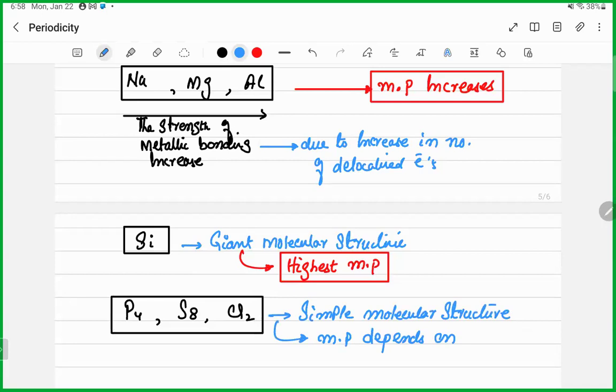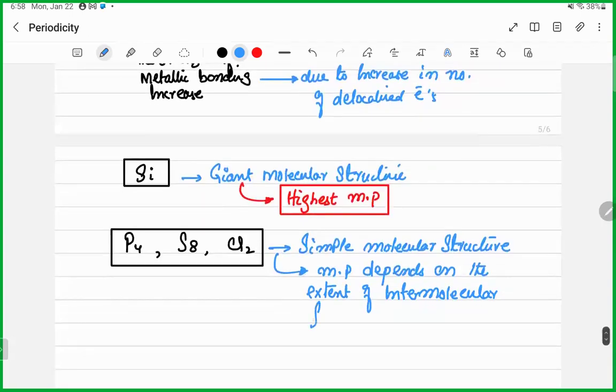On the extent of intermolecular forces, on the strength of intermolecular force. और यहाँ पे intermolecular force कौन सी है बेटा? Van der Waals force और dispersion force, क्योंकि they are the typical non-polar molecules.